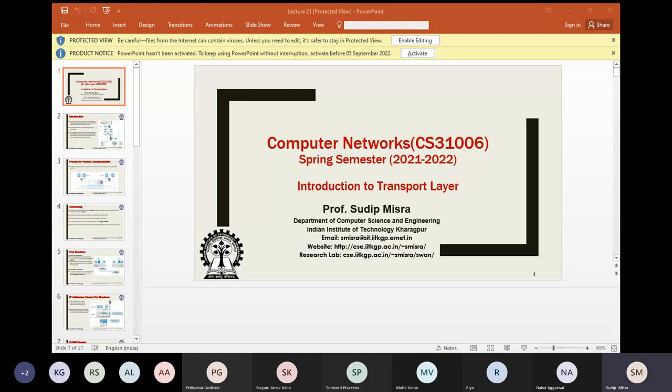FTP you have done. SMTP is used for mails. SMTP uses port number 25, fixed. You cannot use anything else. DHCP uses 67, HTTP 80, SNMP server client, like this. So all these different port numbers for the corresponding application layer protocols are given over here.